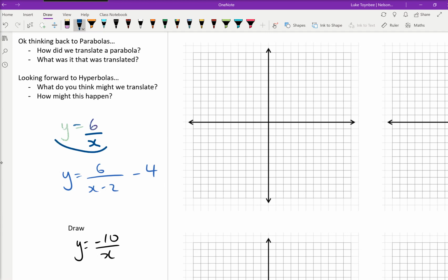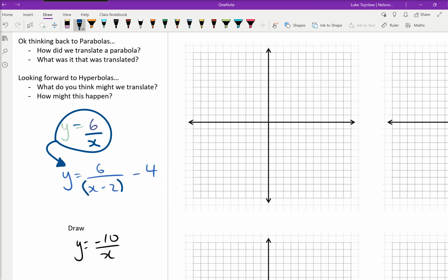So that one there, how do I translate that? How is that one there being shifted, do you think? Looking at this blue one now. To the right 2 and 4 down. Can you see that? It's exactly the same as the parabola zone, isn't it?